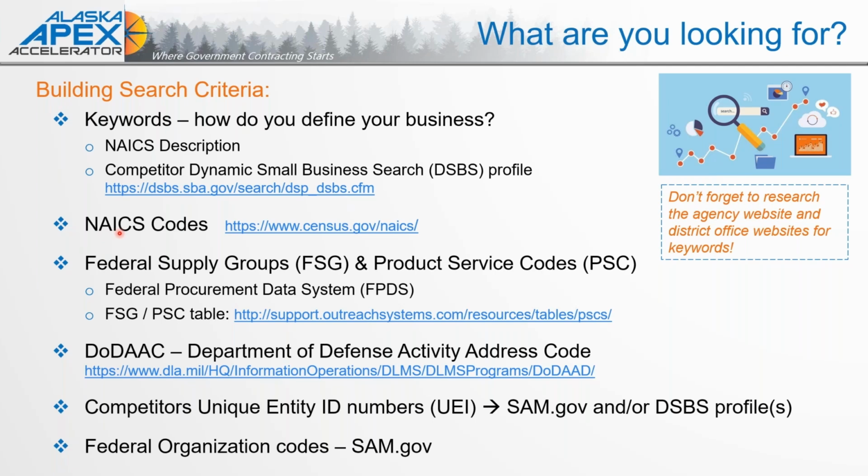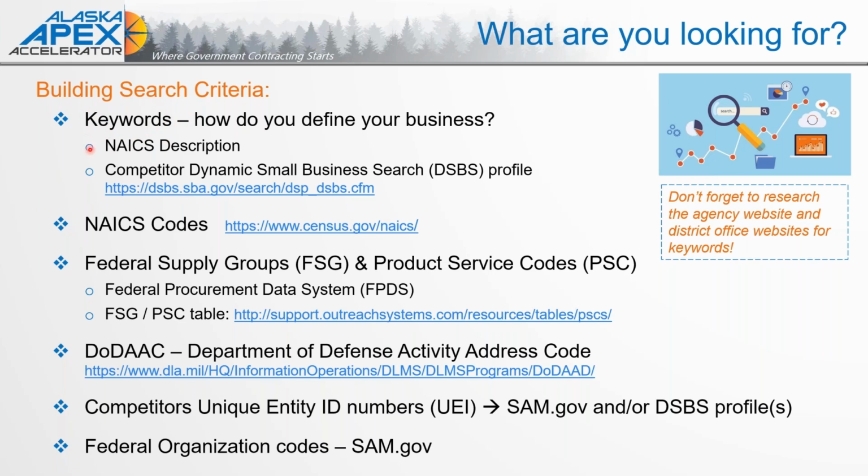So for example, anything that starts with 23 is construction, where starting with 54 or 56 becomes services. Anything in the 9,000s becomes governmental. We can see there's a hierarchy of how those NAICS codes are built. And so we can use those NAICS codes, but we can also use the descriptors in the NAICS codes to help fill out those keywords of how we're defining our business.